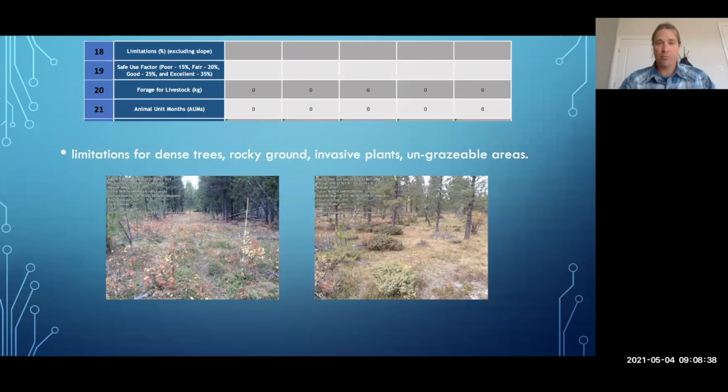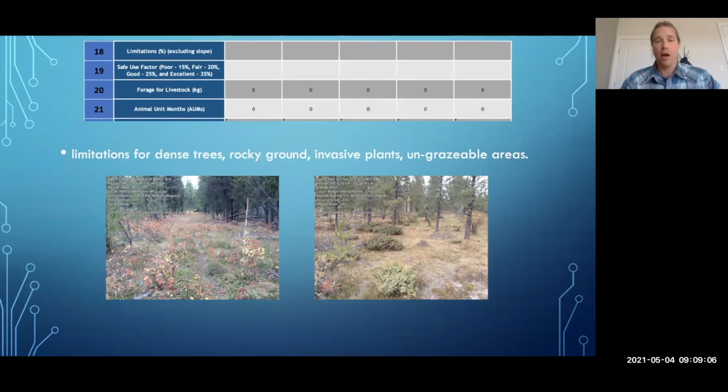And if we have poor range health, then we would go all the way down to only allocating 15% for livestock. But again, I want to emphasize, this is a management decision based on a range manager's knowledge of the landscape, knowledge of the forage resource, and how much they want to plan for future climate change scenarios.